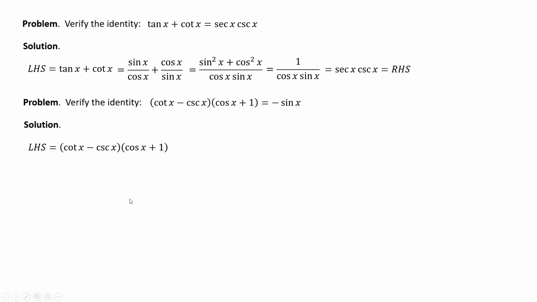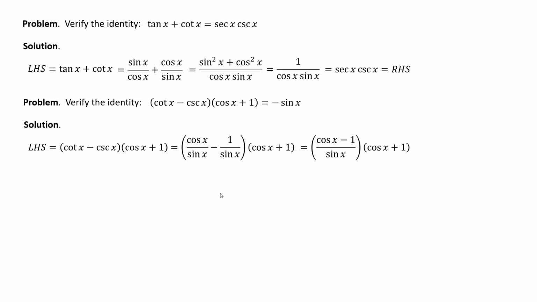And what happens? Cotangent x minus cosecant x, the left hand side, is what I pick up. And like I said, write this, and the denominator is the same, sine x. So this simplifies to cosine x minus 1 over sine x. Right? Good. Where do we go from here?